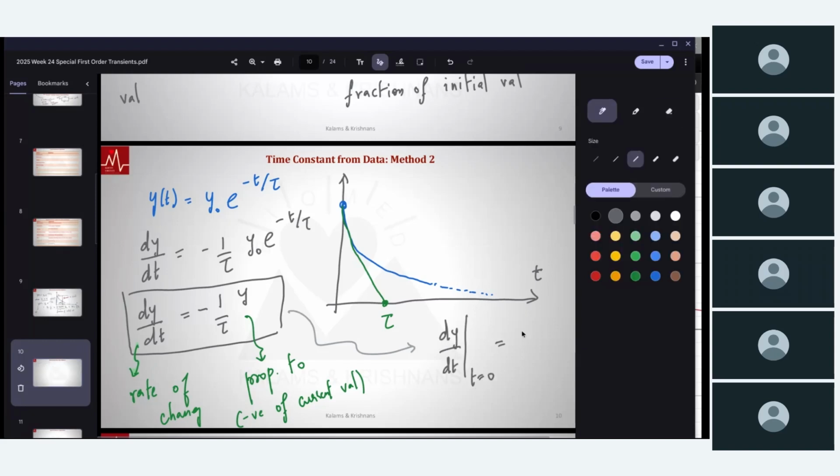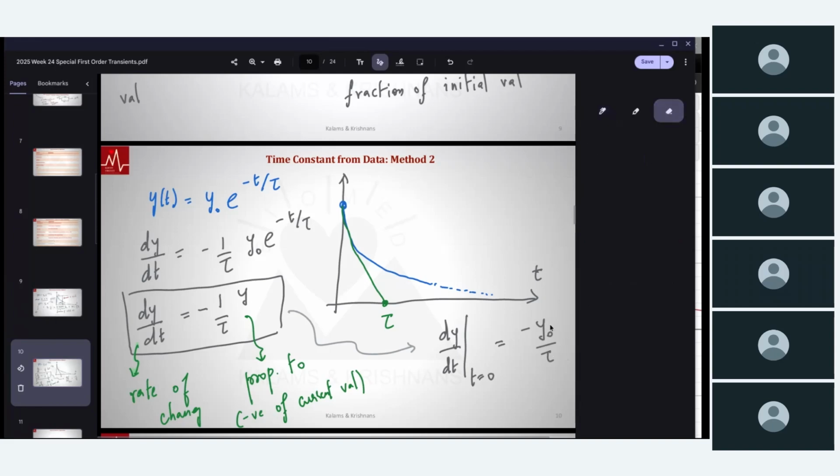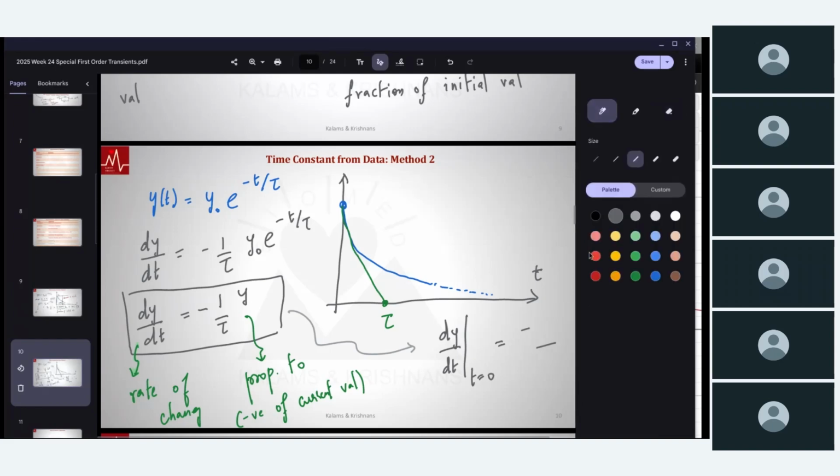This is minus y naught by tau. Notice initially the slope is negative, y naught is positive, and let's say tau is positive. So y naught by tau describes the slope of this drop.